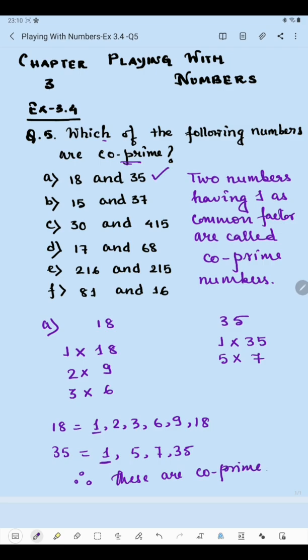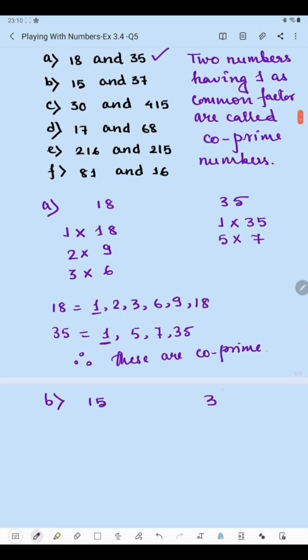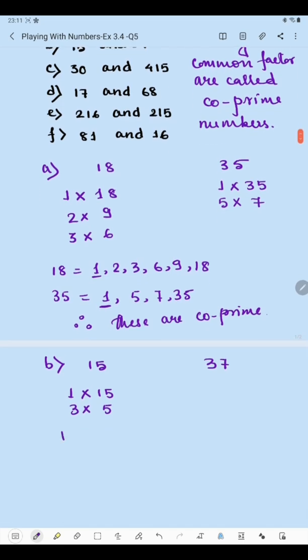Okay. Now in the next part we have 15 and 37. So we will find the factors of 15 at first, and then we will find the factors of 37. So 1 15s are 15 and 3 5s are 15. So these are the factors of 15: 1, 3, 5 and 15.